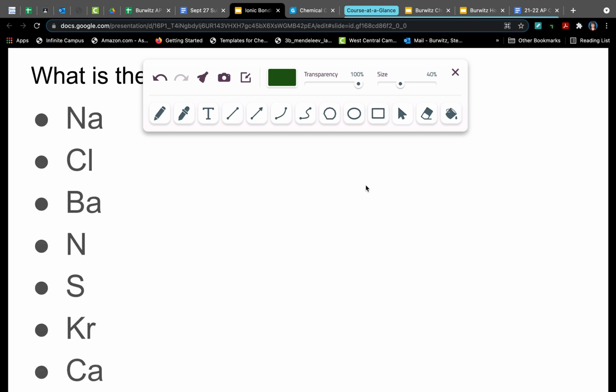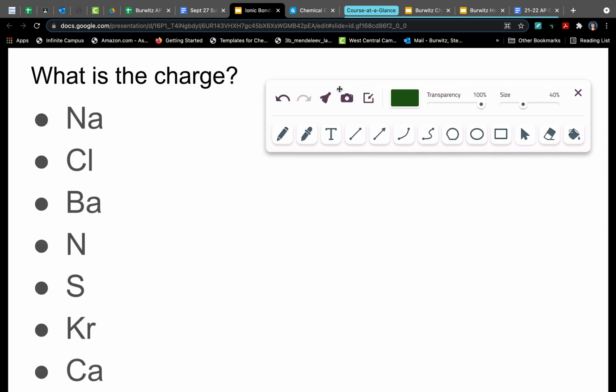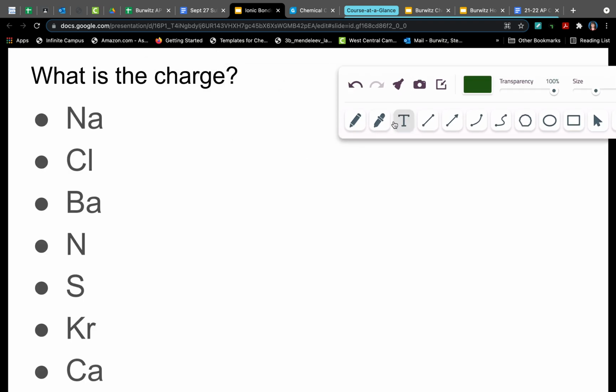Now we're going to go on to the next slide. So, we need to write down the charge of each one of these. You should notice, finding sodium, it is in the alkali metals, so it should have a +1 charge. Chlorine has a -1 charge. We can just write the plus and minus without the ones because chemists are lazy and we don't write ones. Now, barium is with the alkaline earth metals, so we have a +2 charge.